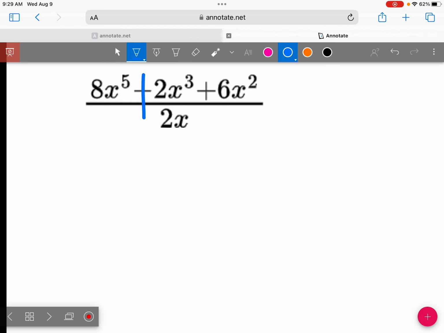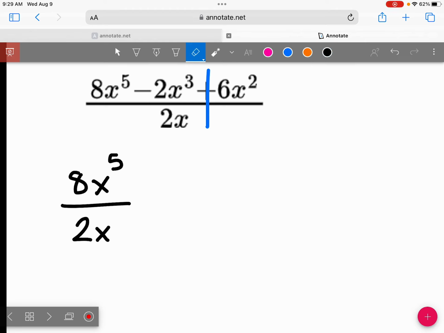Straight up, we're going to make this into 3 fractions. 8x to the 5th divided by 2x. That's a minus. Minus 2x cubed divided by 2x.